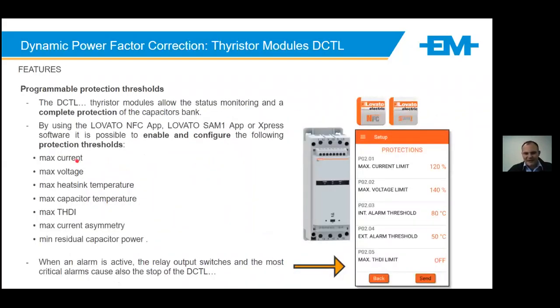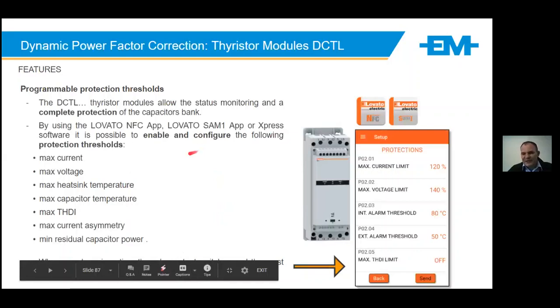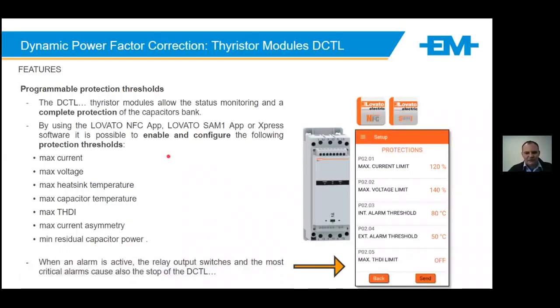So, as I said, current, voltage, internal temperature, external temperature if you use a probe, THDI, and so forth. Also, based on internal current measurement, what is the life left within that capacitor that it is switching?